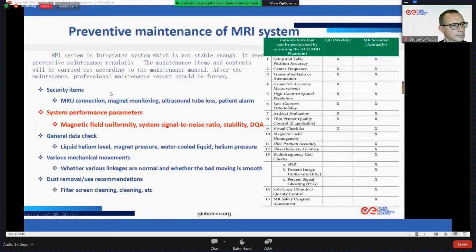The maintenance items include security items, system performance parameters, which is very important, and general data checking: liquid helium level, magnet pressure, and the various mechanical movements, whether various linkages are normal, whether the bed is moving smoothly, and also dust removal. This is some checklist.